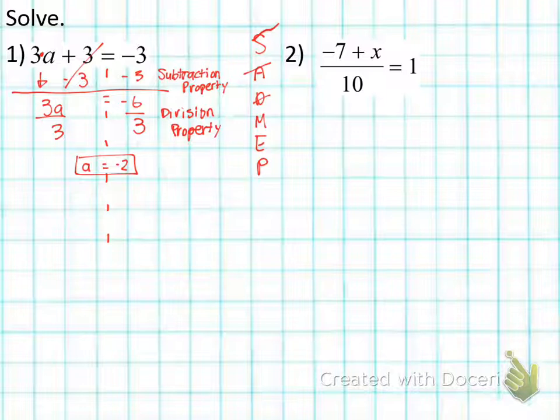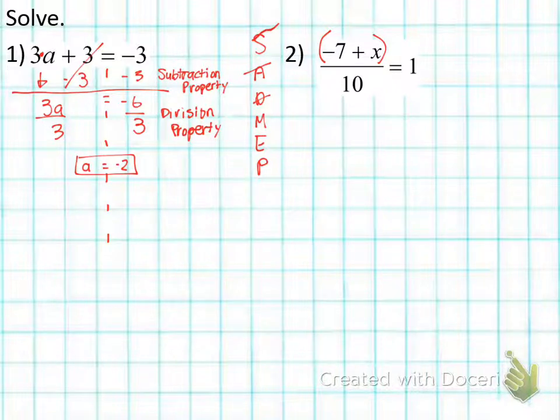Number 2 is a little bit more difficult. Watch carefully. I've always said that any numerator and denominator has its own hidden parentheses around the whole thing. So look at number 2. The numerator, negative 7 plus x, really has parentheses around it. The 10 also has parentheses around it, but it's by itself, so we just assume they're there.